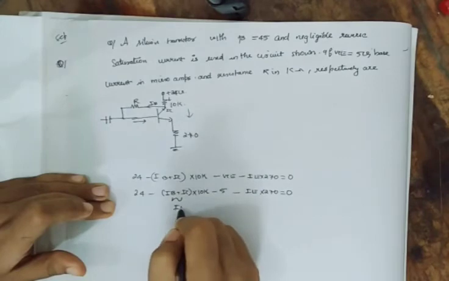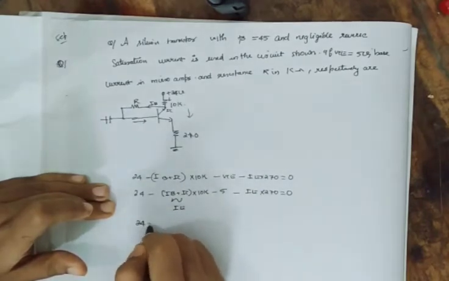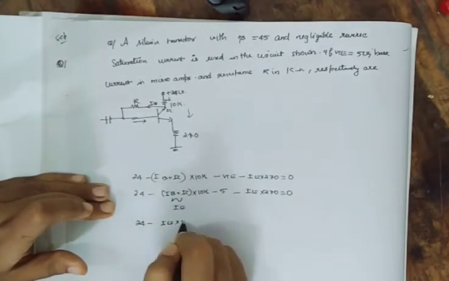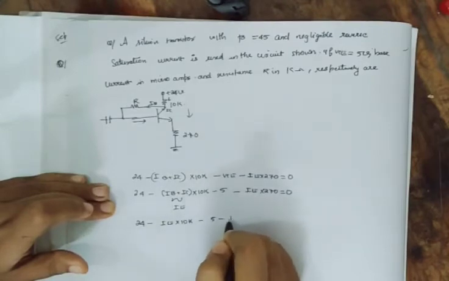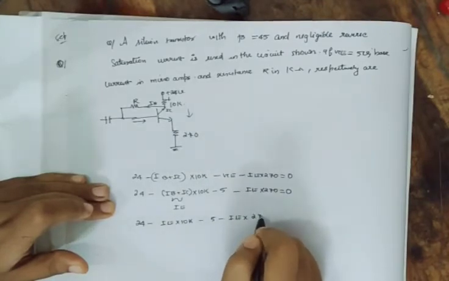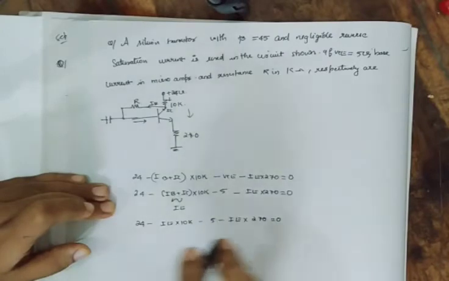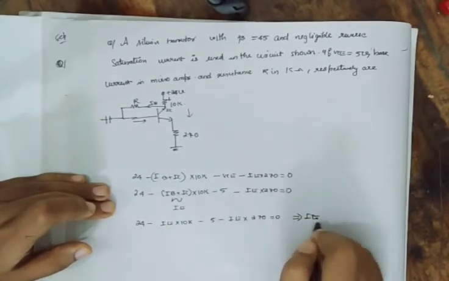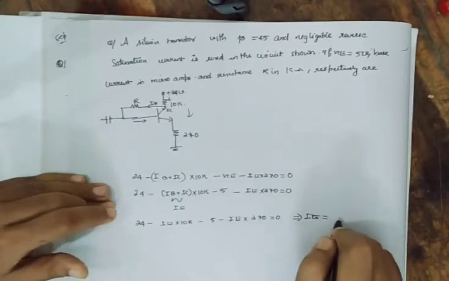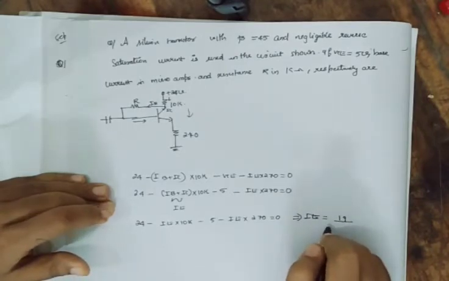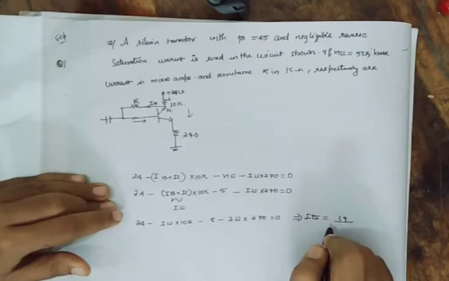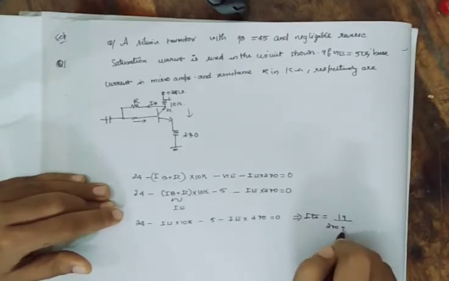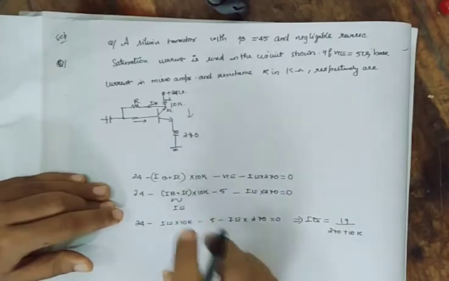So 24 minus (IB plus IC) into 10K minus 5 minus IE into 270 equal to 0. So this one is IE. Okay, that is 24 minus IE into 10K minus 5 minus IE into 270 equal to 0, or IE equal to 19 divided by 270 plus 10K.